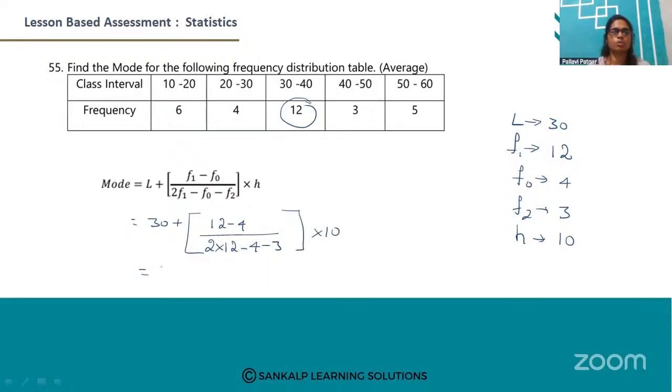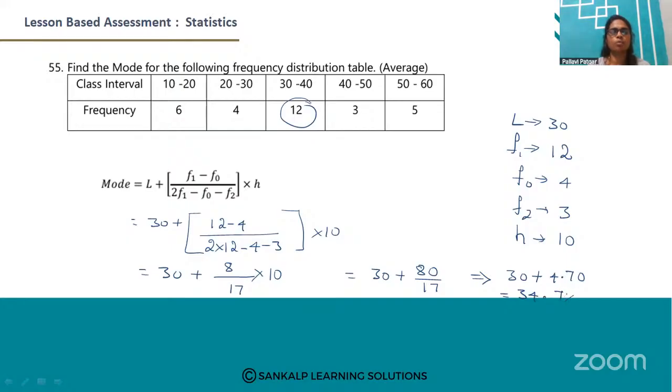So this is equal to 30 plus 12 minus 4 is 8, divided by 24 minus 7 is 17, into 10. So this is equal to 30 plus 80 divided by 17, which is 30 plus 4.70, so this is equal to 34.7.